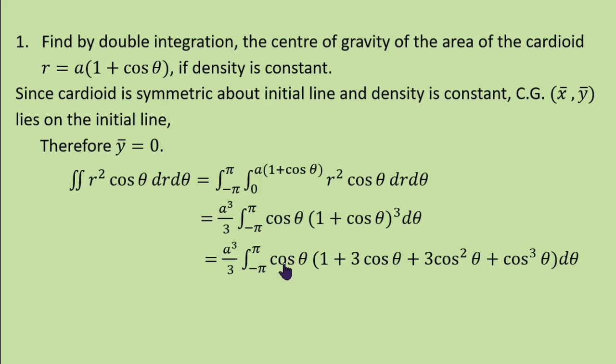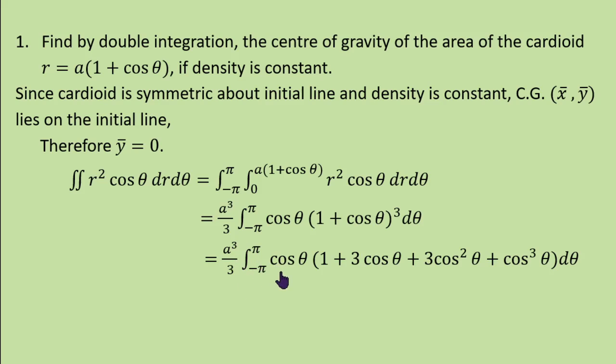Multiply this with cos theta: cos theta plus 3 cos square theta plus 3 cos cube theta plus cos power 4 theta. Integrate this from minus pi to pi, and you know that cos theta is an even function, hence minus pi to pi is nothing but 2 times 0 to pi.